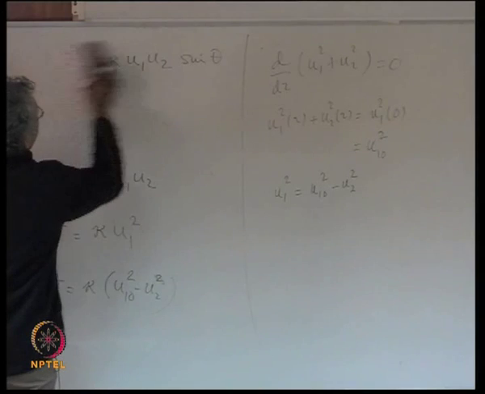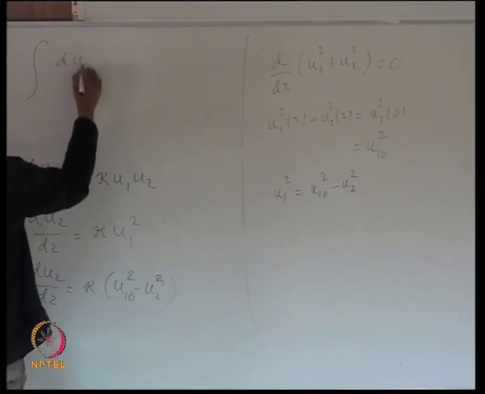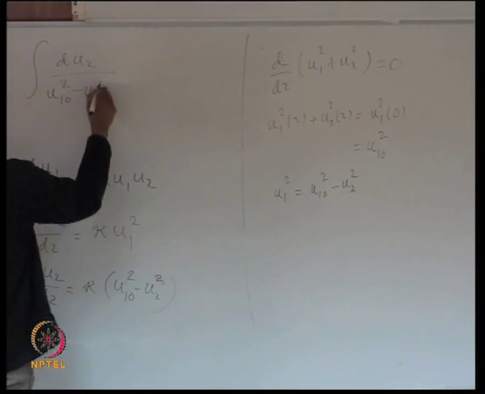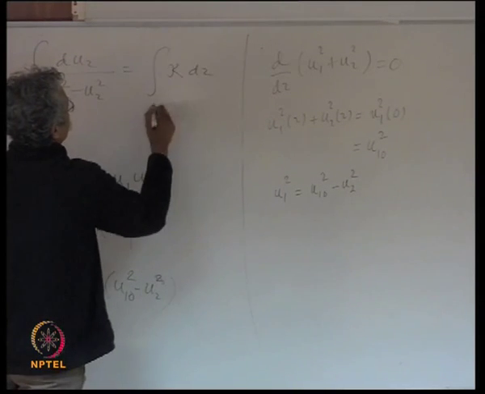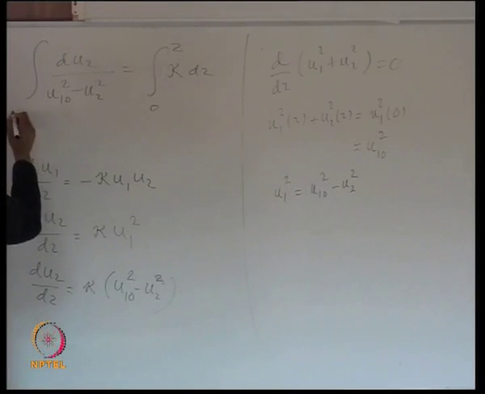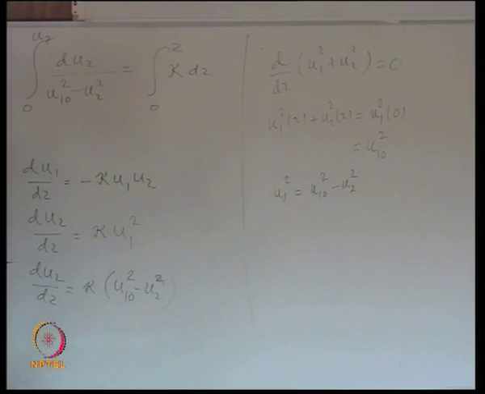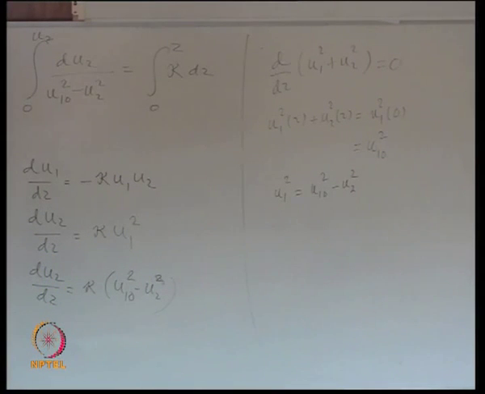So I can actually integrate this equation. I will have integral du2 by u1 0 square minus u2 square is equal to integral kappa dz from 0 to z, from u2 is 0 to some u2. At z is equal to 0, u2 is 0. At z is z, the value of u2 is so much. That's an integral function.